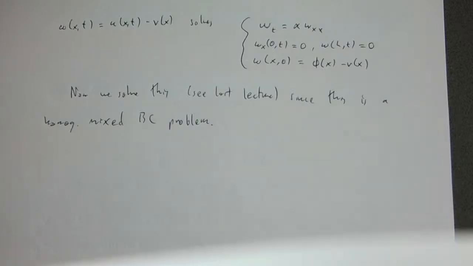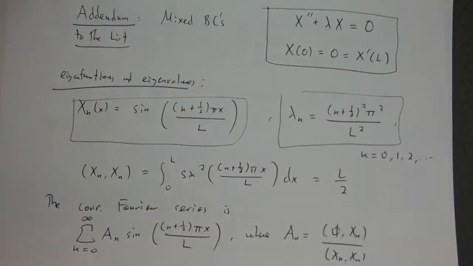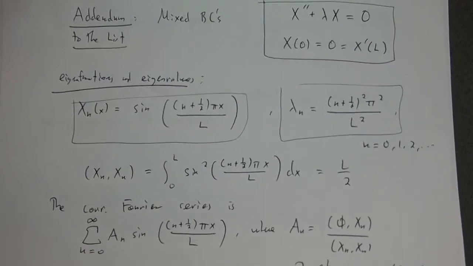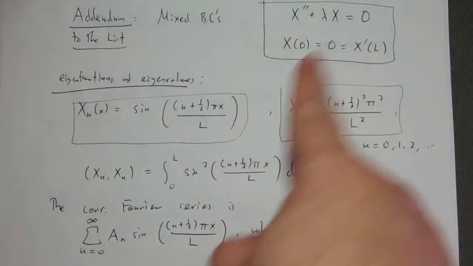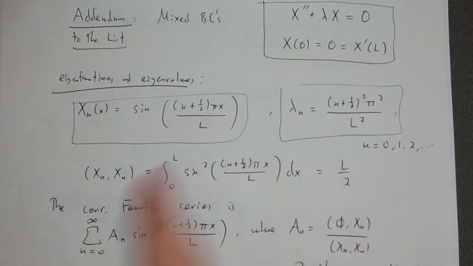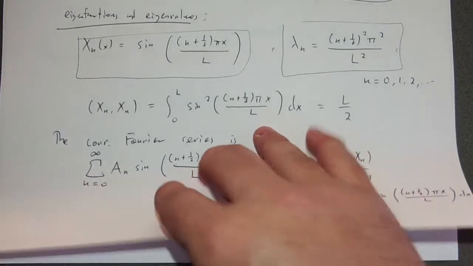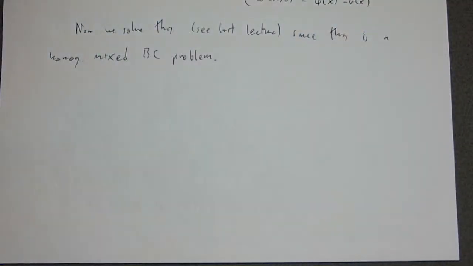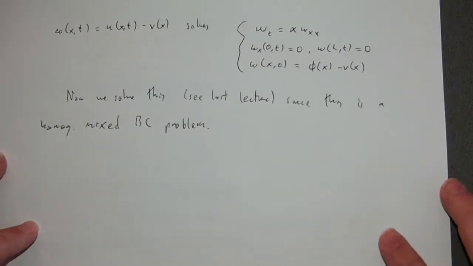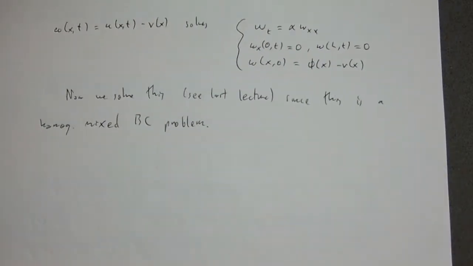So recall, we added this to the list for eigenvalue problems when we have mixed boundary conditions. These are the eigenvalues and eigenfunctions, and the corresponding Fourier series look like this. Okay. And so that's how we do this.